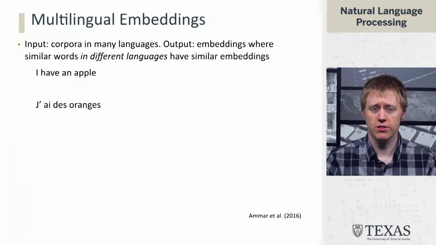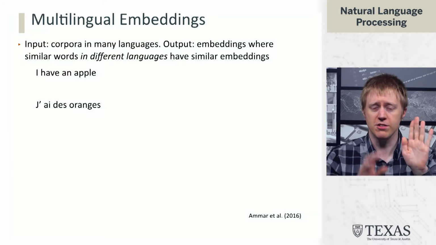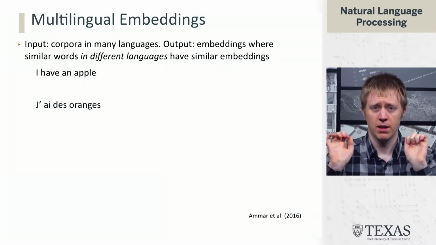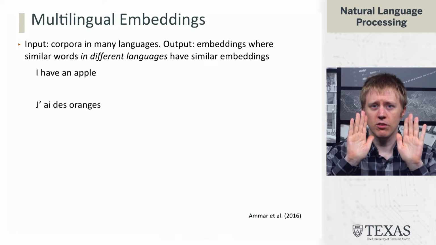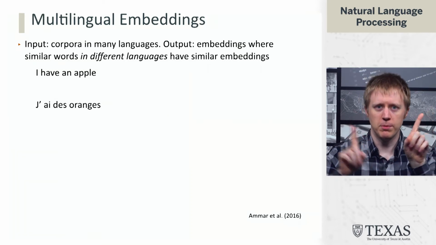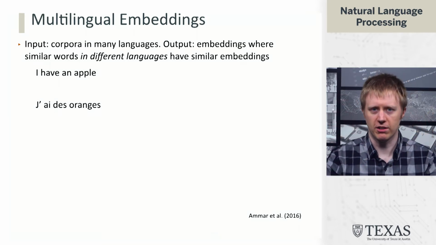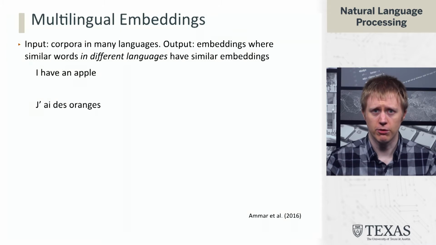We could use something like the skipgram method to train word vectors on each of these languages in isolation, right? But then the word vector in one language will be kind of totally unrelated to any of the word vectors in other languages. Instead, it would be nice if we had a shared embedding space where all the words in these different languages sort of coexisted.